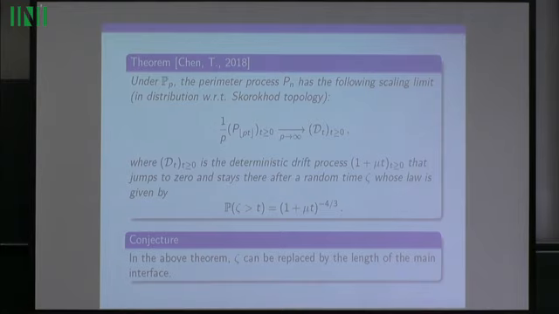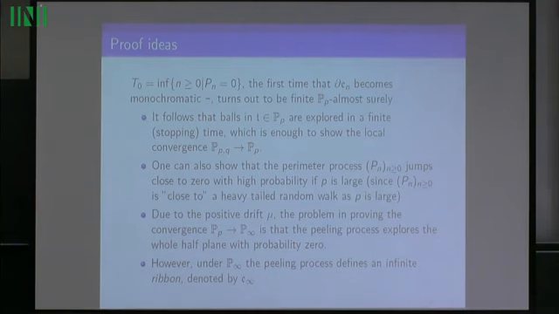Then we conjecture that this random time can be replaced by the length of the main interface, which is the interface that converges to infinity, so that we could obtain some sort of scaling limit of the interface. All right. And then I will briefly mention the ideas of the proof.